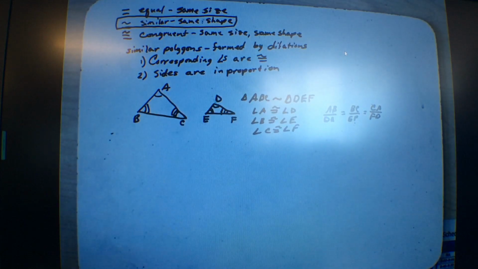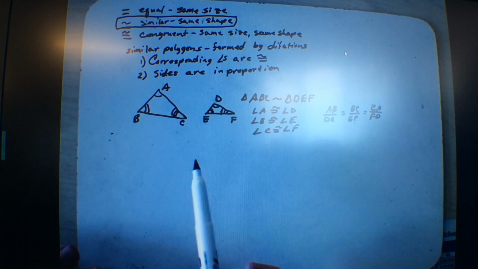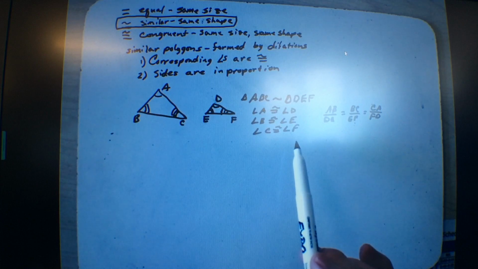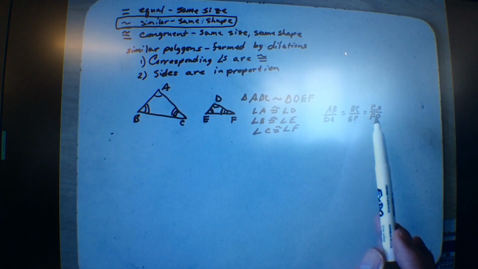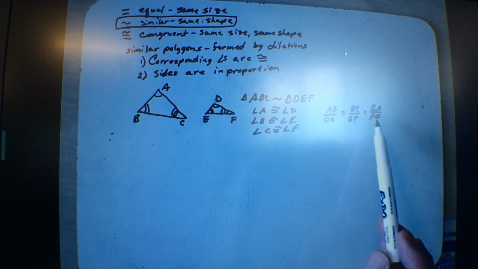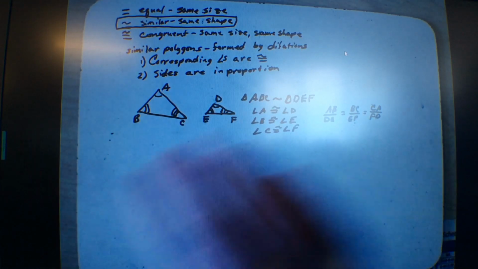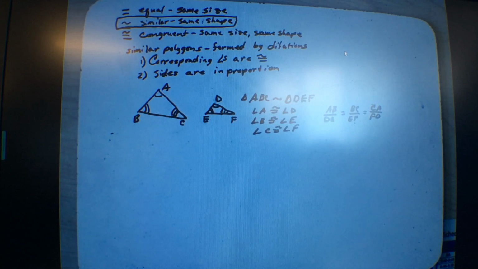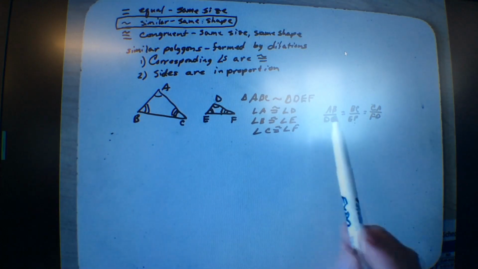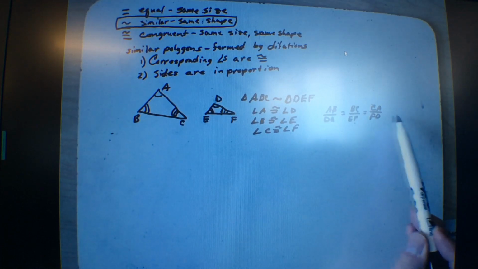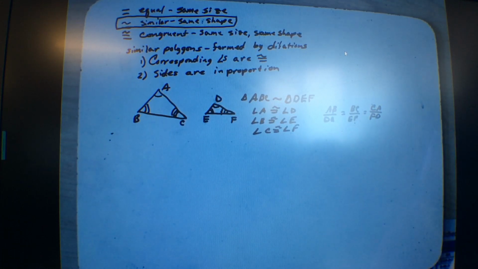On your assignment, one of the things you're going to do is list all the pairs of congruent angles and write a proportion that relates the corresponding sides for each pair of similar polygons. So you say which angles are equal, and then write what we call an extended proportion, with all the sides. In a triangle we have 3 sides, but a quadrilateral would have a 4th one, and a pentagon a 5th.